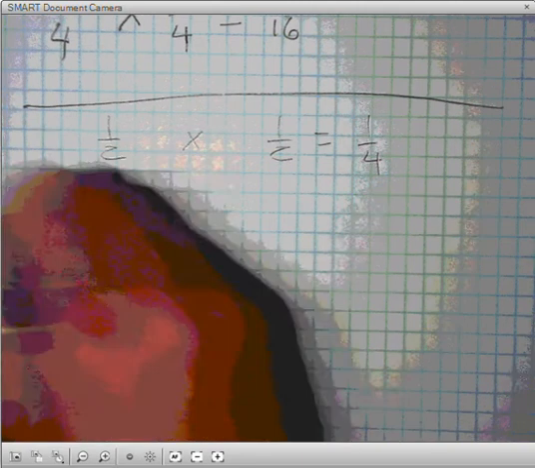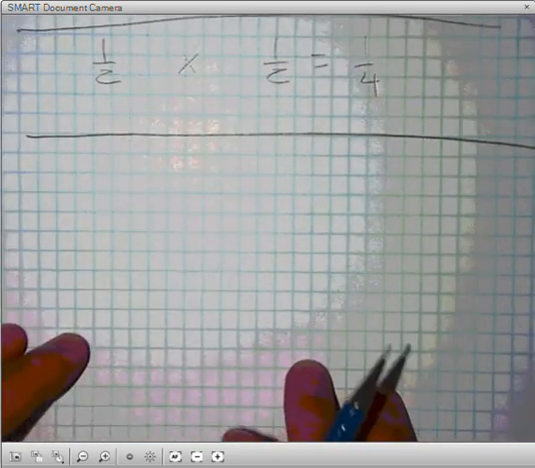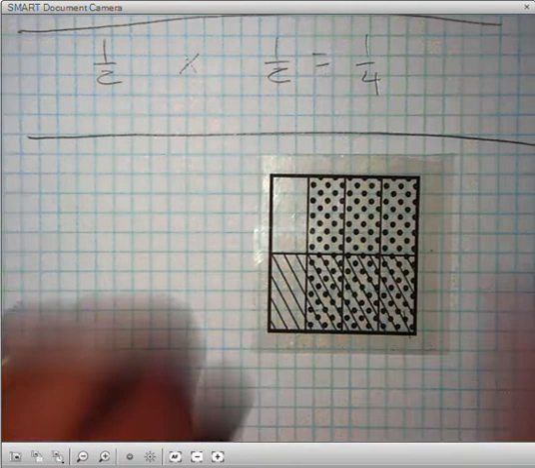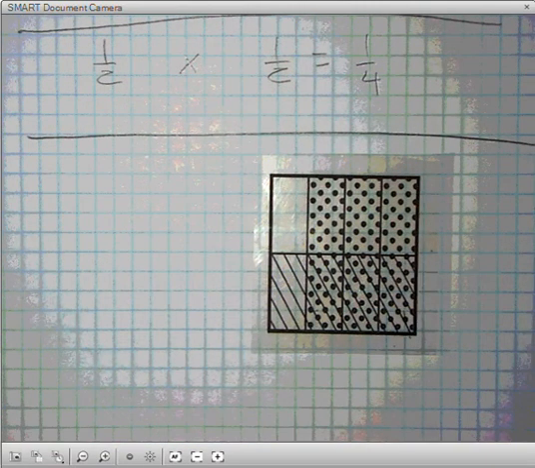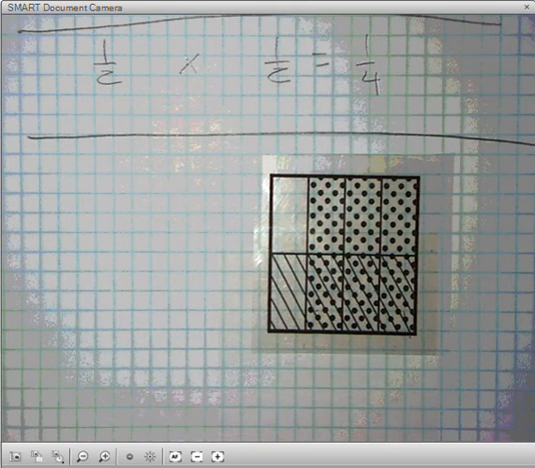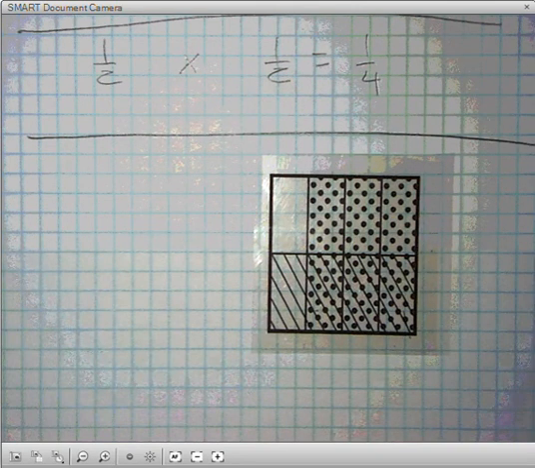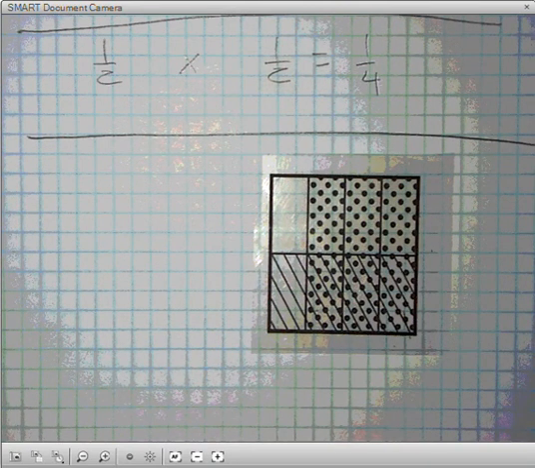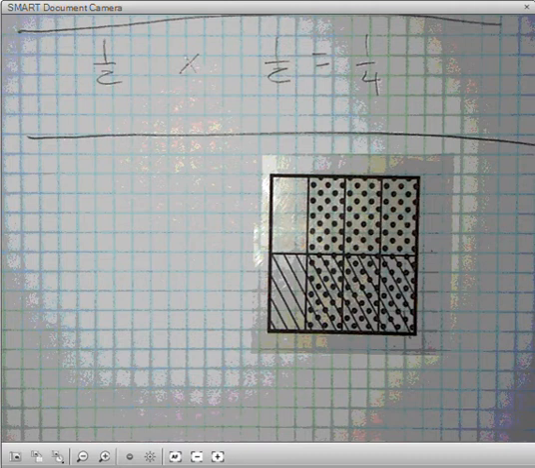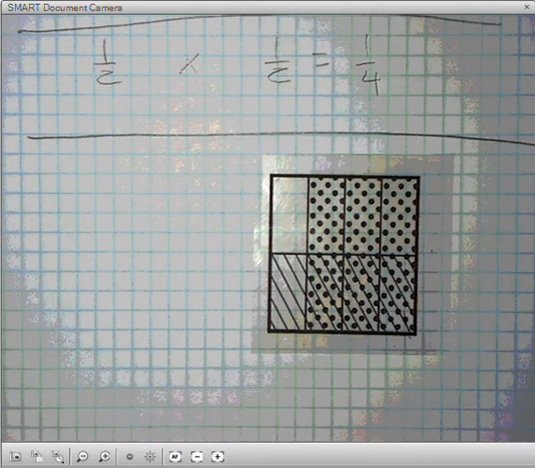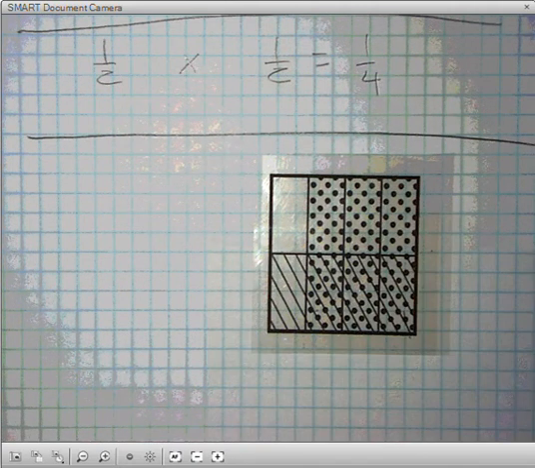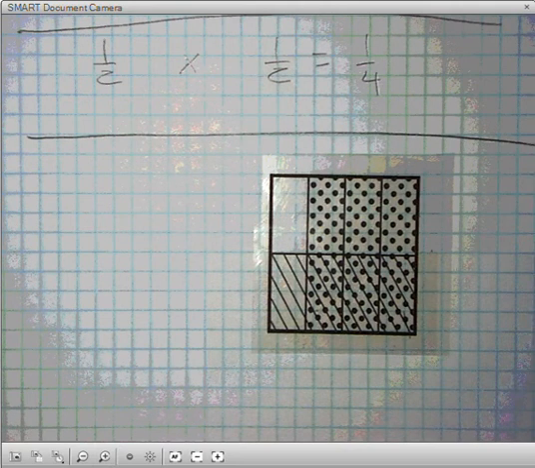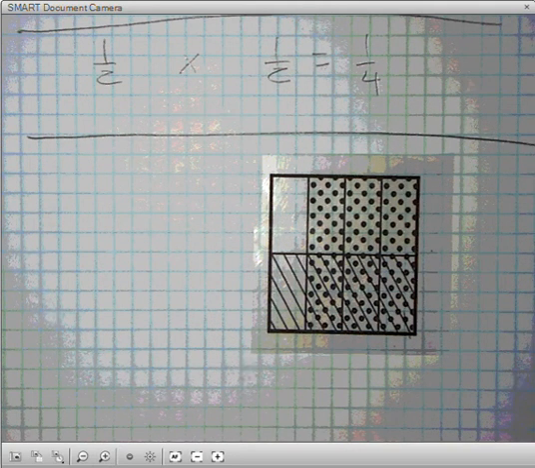Let's try this a different way. Let's try a more challenging approach. This is the answer to what multiplication problem? What fractions are being multiplied? Write it down. So when I take these apart, when I unlayer them, what two fractions am I multiplying together?